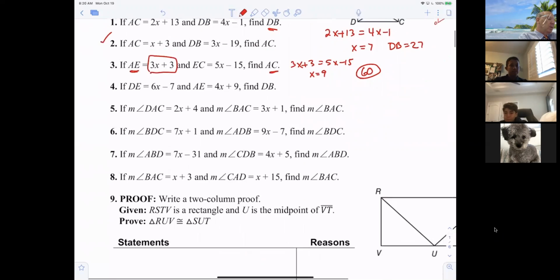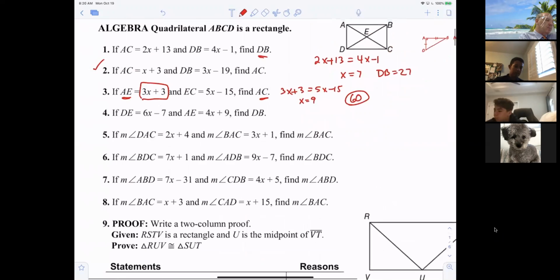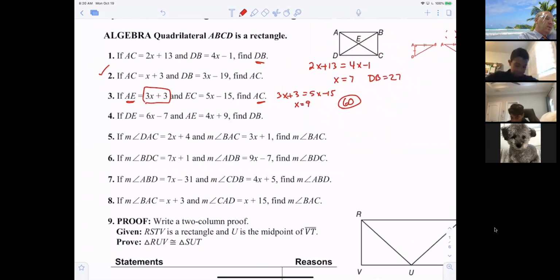So let's do number 5. Where's DAC? DAC is right here. And where is BAC? Right here. Are those equal, by the way? No. Definitely not.